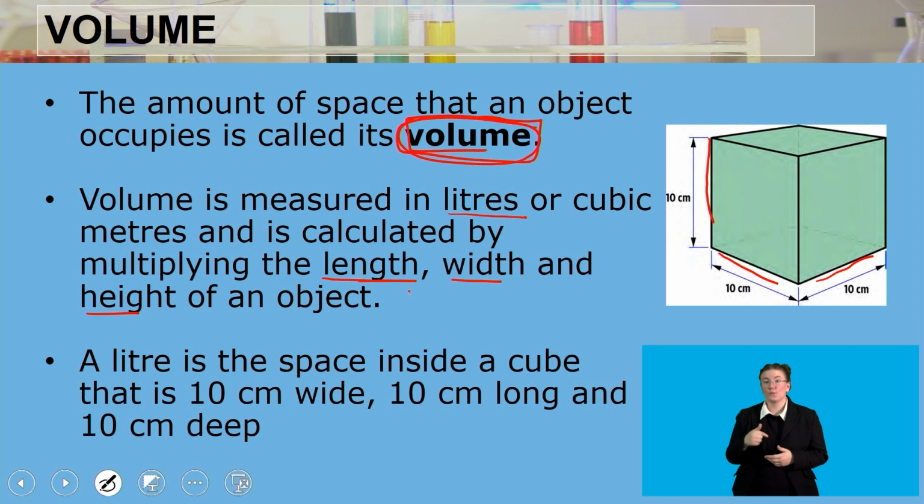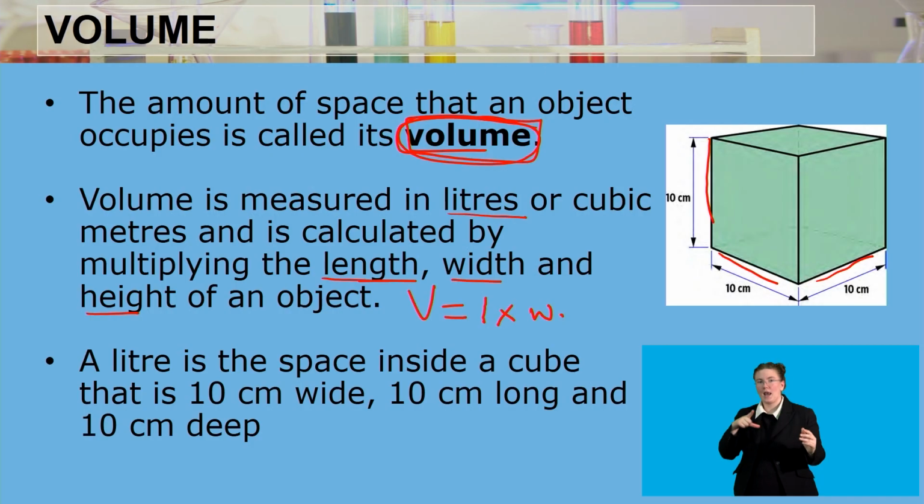So for us to calculate the volume, we say V for volume is equal to length multiplied by width multiplied by height. So we're going to multiply 10 by 10 by 10 to get the volume of this particular cube. Now, a liter is the space inside a cube that is 10 centimeters wide, 10 centimeters long, and 10 centimeters deep.